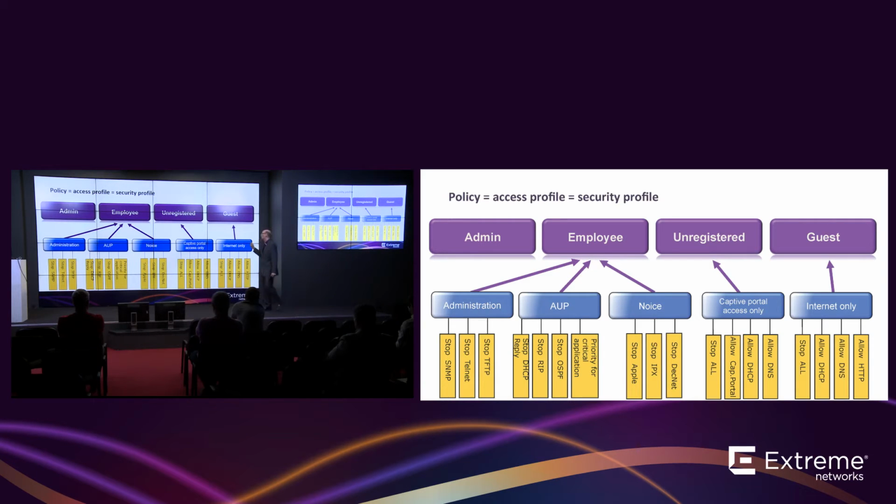Okay? So you can have different profiles talking about different security like access control lists, but also going for different priority, quality of service, rate limits. Okay? For the wireless, it can be also different topology. In general, it can be mirroring of the traffic. Just a piece of configuration which you apply to the entity which is connected.